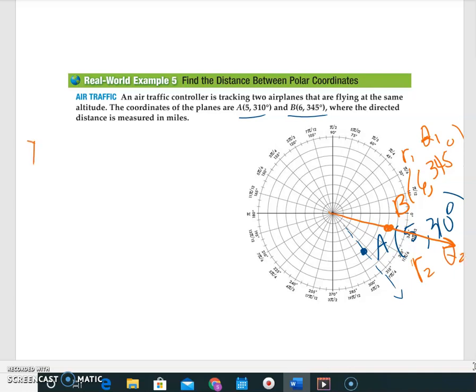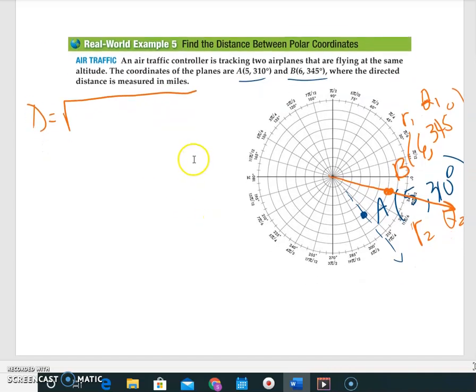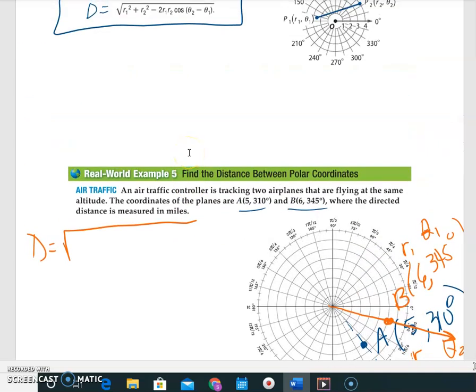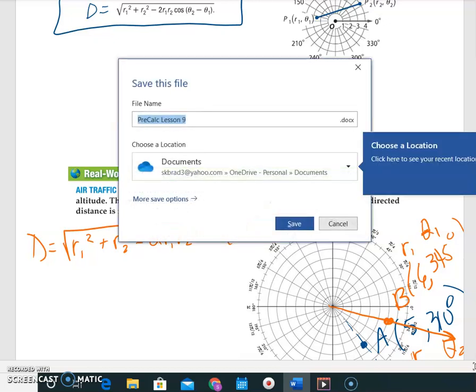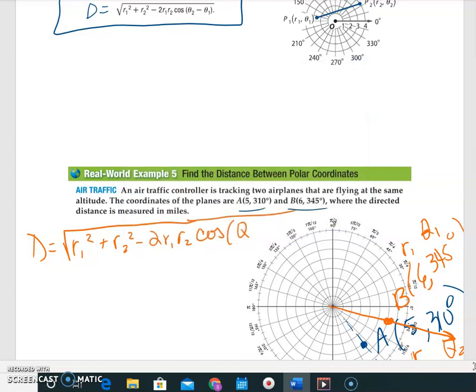So my equation, the distance, is the square root of, let's go back up here, r sub 1 squared plus r sub 2 squared minus 2 r sub 1 r sub 2 cosine of theta sub 2 minus theta sub 1.